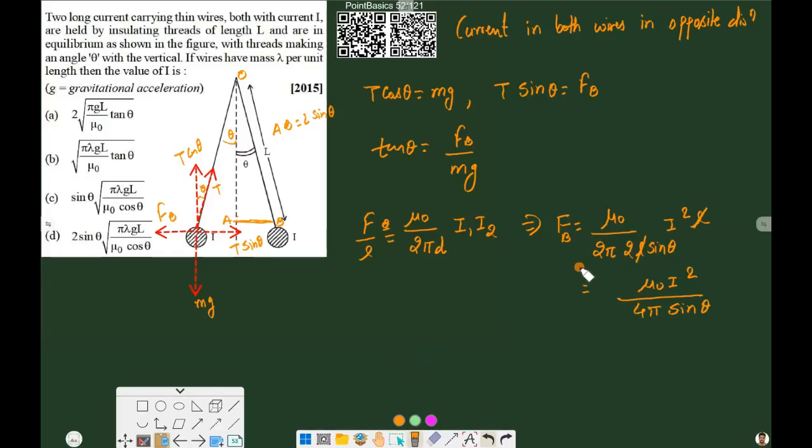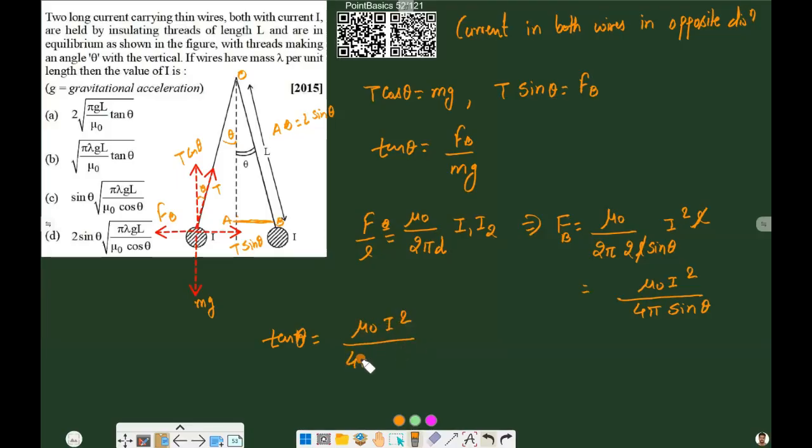Now we can put this value here, so we will get tan theta is equal to mu naught I square by 4 pi sine theta into mg. And as we can see from the options, none of these options list mass.